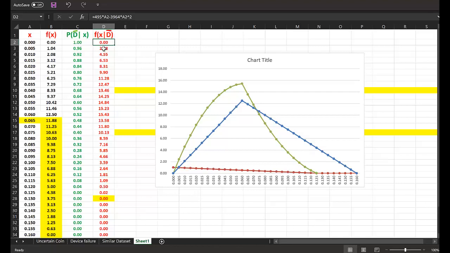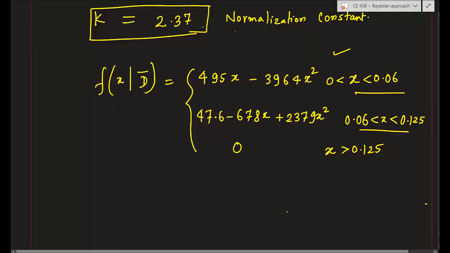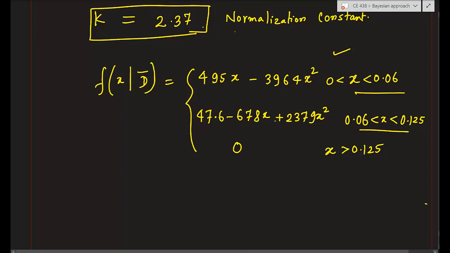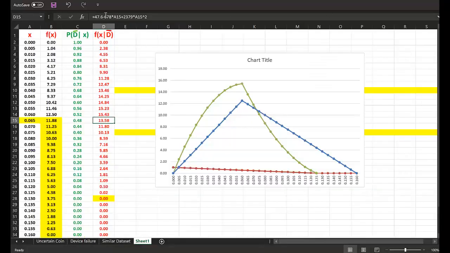And when x is greater than 0.06, I have to change my function. If you see here, I have 47.6 minus 678x, and that is the same function we have here. So now we have plotted this graph here.